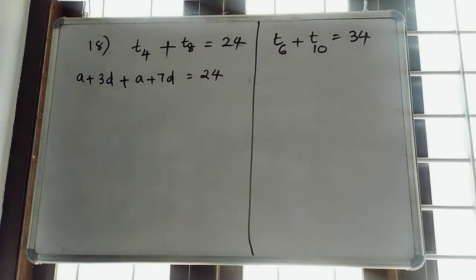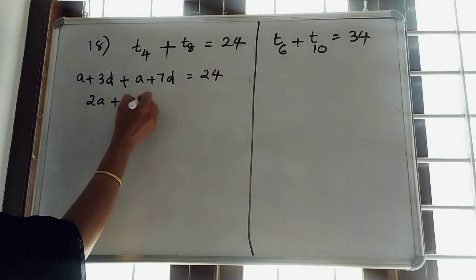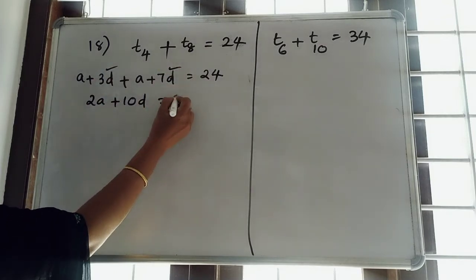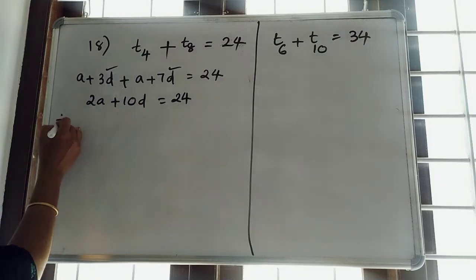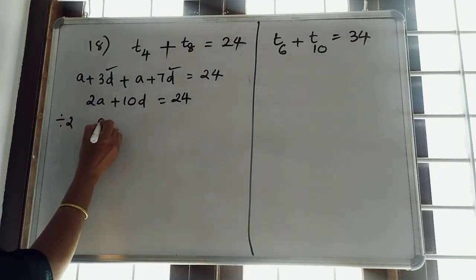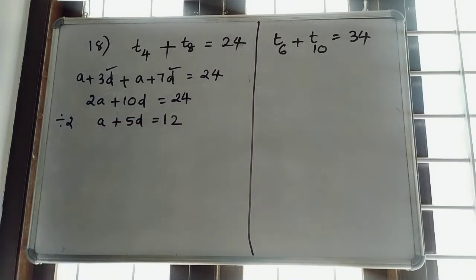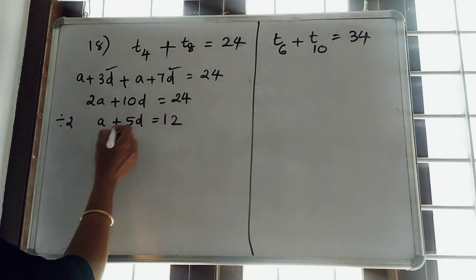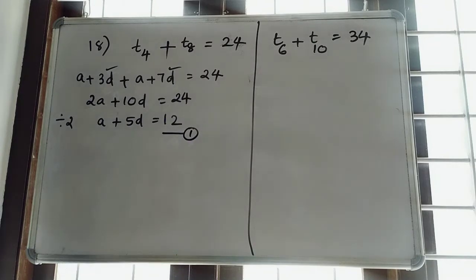Adding the like terms, 2A plus 10D is equal to 24. We can divide throughout by 2, since 2 is common in all three. So it will be A plus 5D is equal to 12. Let it be equation number 1.